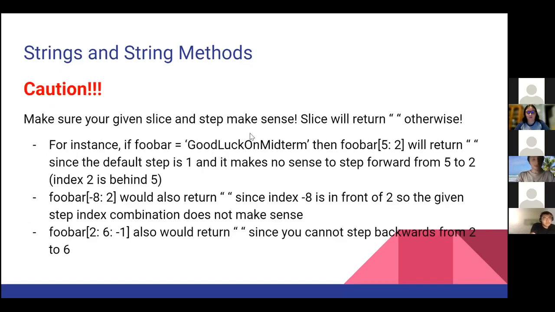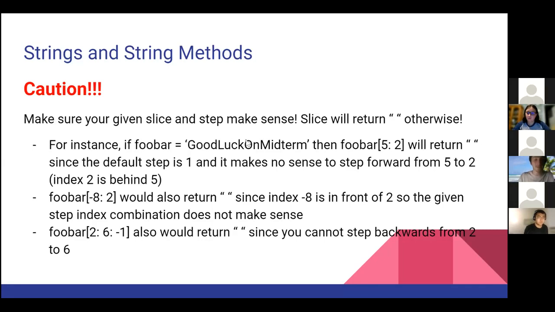Okay, and this is what I want to go over since I know a lot of people are wondering about this. So make sure your given slice and step makes sense. Otherwise, your slice will give you the empty string. So for example, if I have foobar good luck on midterm and I do 5 to 2 as my slice, we know that the default step is 1, but this doesn't really make much sense because we're starting at index 5 and then we're saying walk forward to index 2, but that's not going to happen.